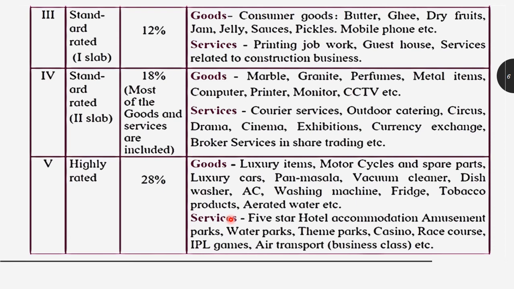And in the services, the 5-star hotel accommodation, amusement parks, water parks, theme parks, casino, race course, IPL games, air transport. And in air transport, the economy class is low rated, however the business class is highly rated. So all these things come under the highly rated category.